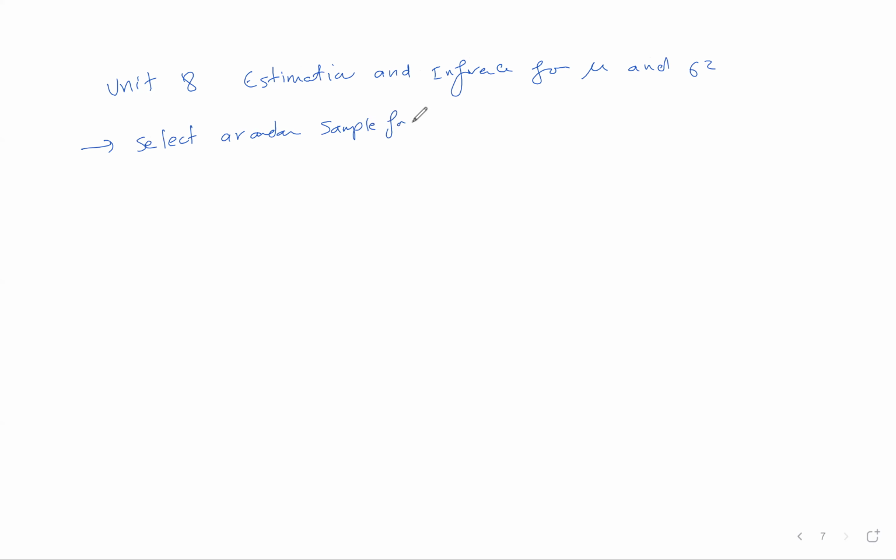In unit 8, we assume mu and sigma square are unknown. So unit 8, estimation and inference for mu and sigma square, assuming both are unknown. So in this case, we select a random sample from a population.